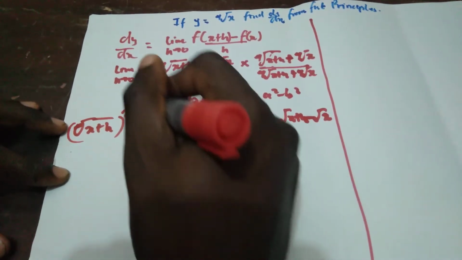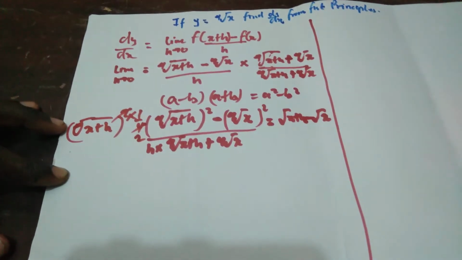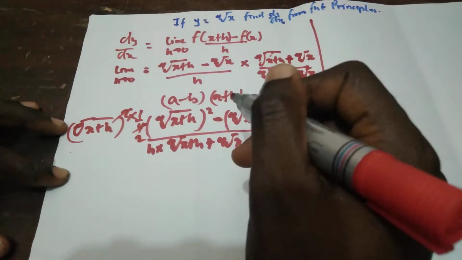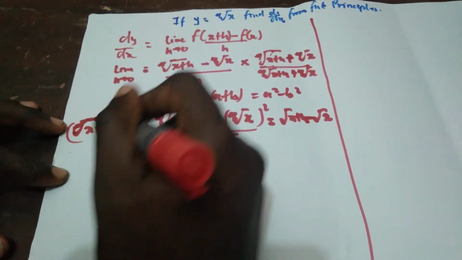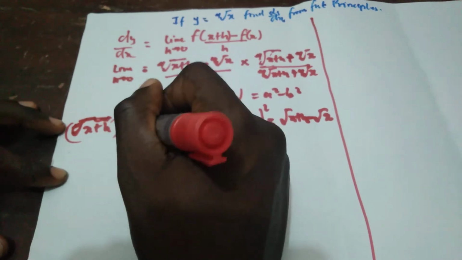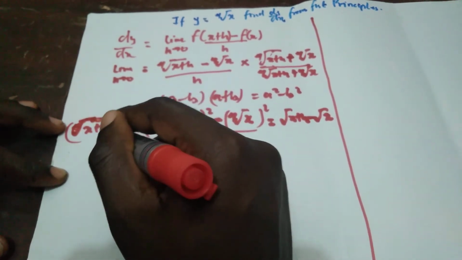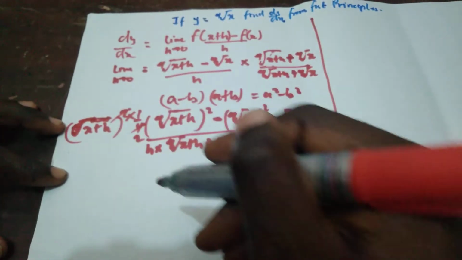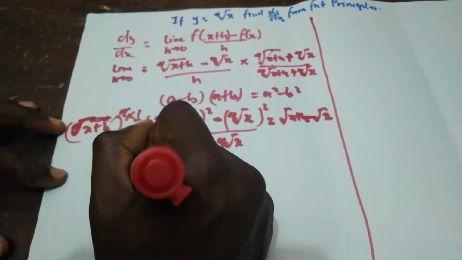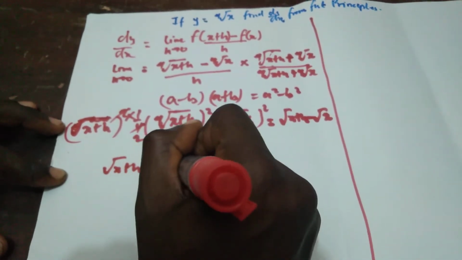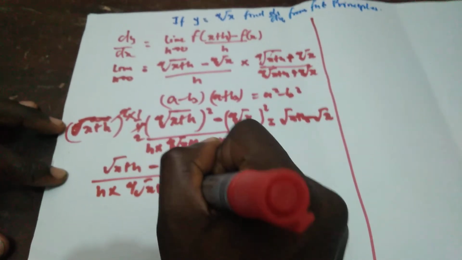The power is x plus h raised to 2 times 1 over 4, because 1 over 4 represents the fourth root. So we have x raised to the power 1 over 2, which is the same as root of x plus h. We now have root of x plus h minus root of x all over h times the fourth root of x plus h plus the fourth root of x.